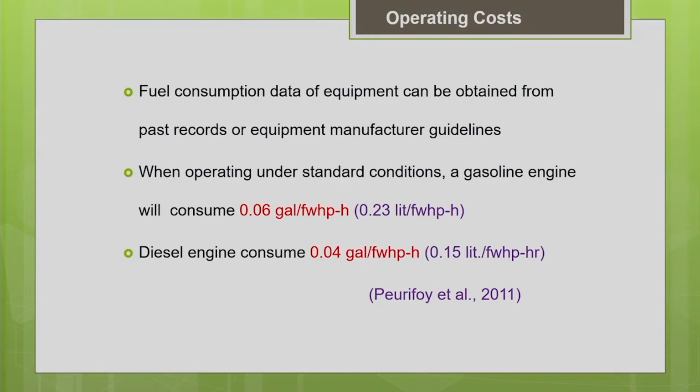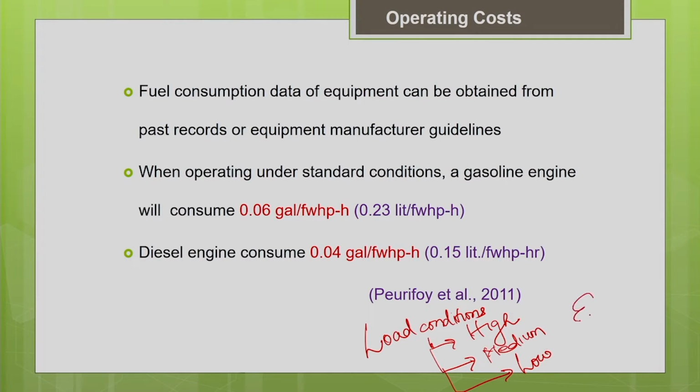Basically, in the Caterpillar handbook, they have classified different load conditions into high load condition, medium load condition and low load condition. Take an example of an excavator.